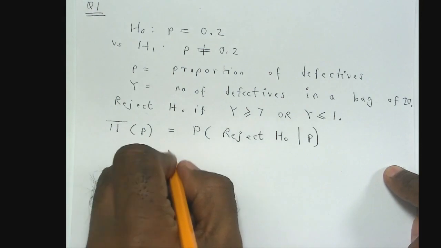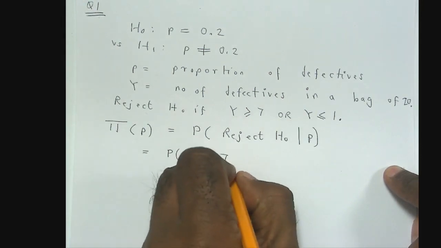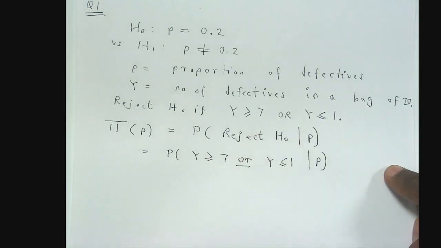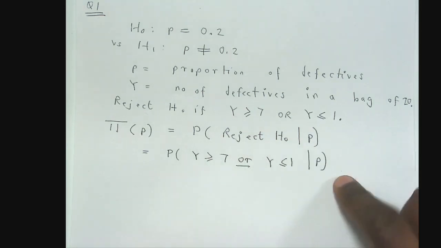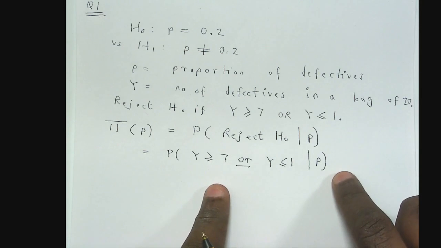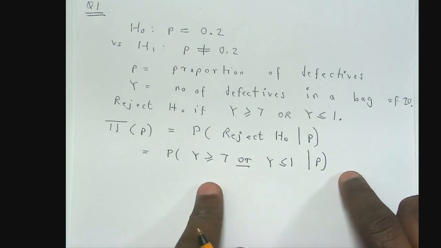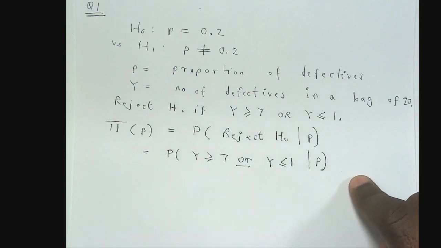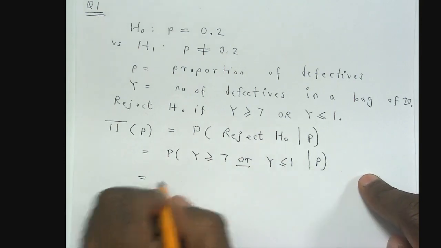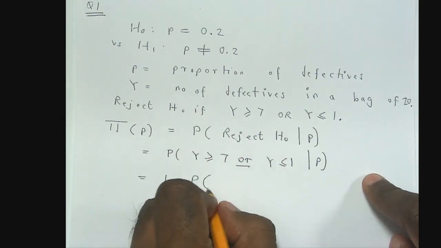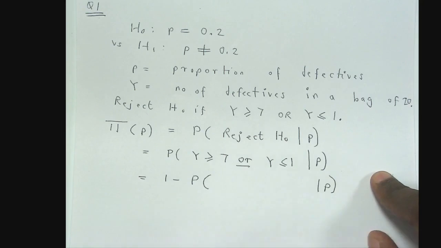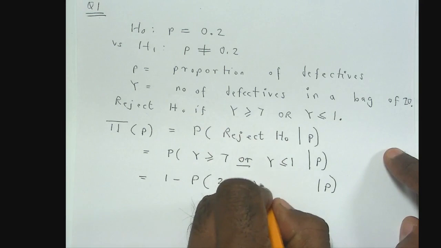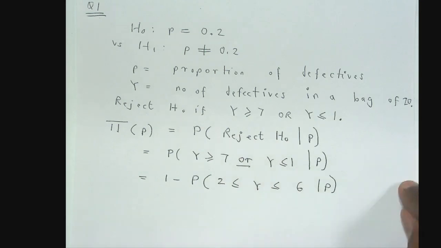So this would be the probability that y is greater than or equal to 7 or y is less than or equal to 1, given the value for p. Now, in this case, it would be wiser if you use the complement rule. You guys know the complement rule for probability, which says that this probability is 1 minus the probability of the complement of this event, which is that y is between 2 and 6.